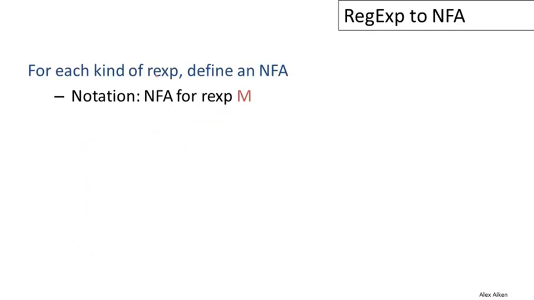So the plan is that for each kind of regular expression, we're going to define an equivalent non-deterministic automaton, an automaton that accepts exactly the same language as the language of the regular expression. And here's a little bit of notation that we're going to use. We'll define these automata for regular expressions, and usually we'll need to modify their start states and their final states.